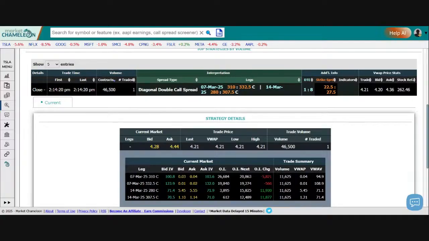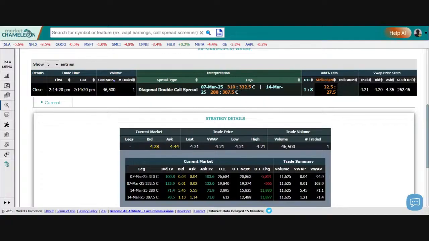So you could see here that on each leg, it was up over 11,900 on the March 280 call, and 11,800 on the 307.5 call, which supports that theory. It supports the theory that we're seeing a spread that appears to be a roll from one expiration to a further out expiration with different strikes. So that's what looks like it's happening here.